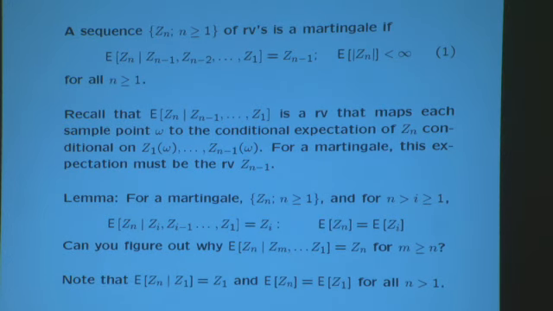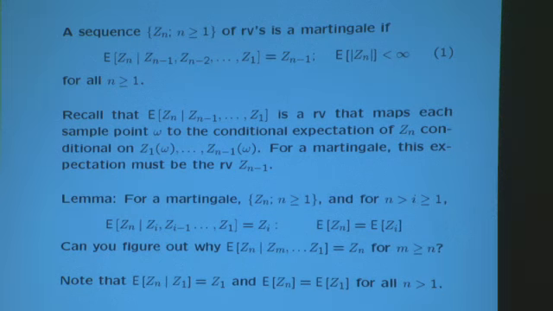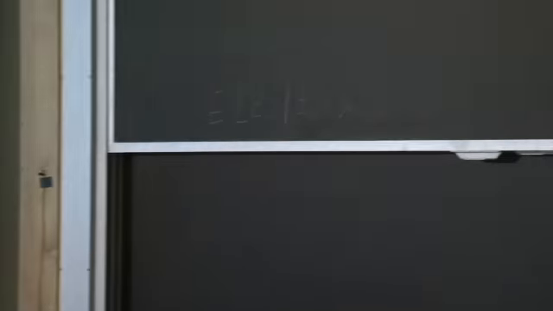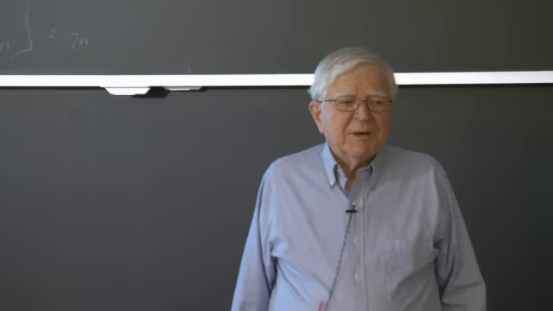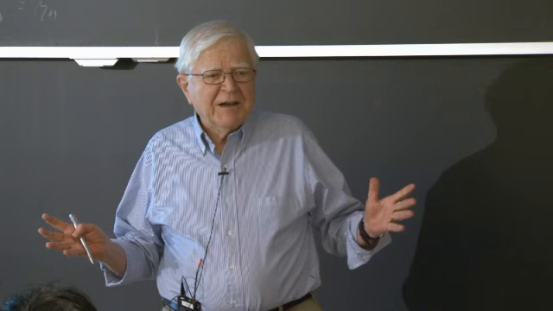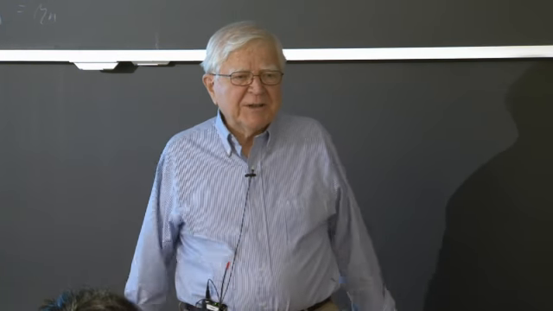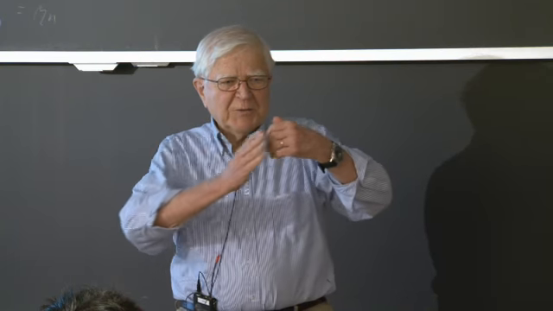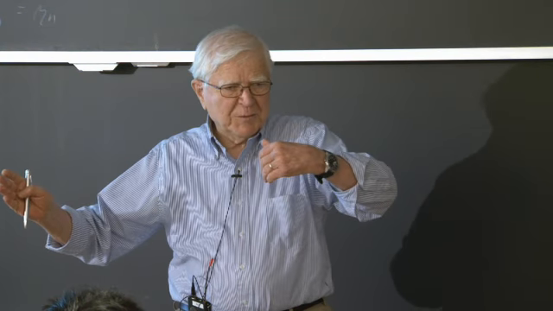Yes? Why don't you just say that the expectations of the z's are constant? I mean, it seems like this is kind of a roundabout way of saying that. Yeah, in a sense, but in almost all the examples you can think of, it's hard to figure out what these z sub n's are, because the z sub n's are given in terms of all of the previous random variables.